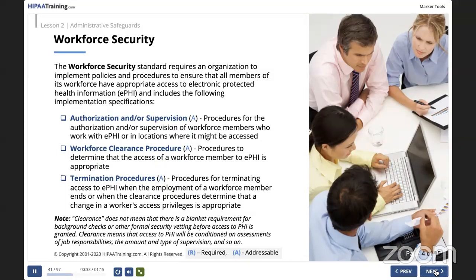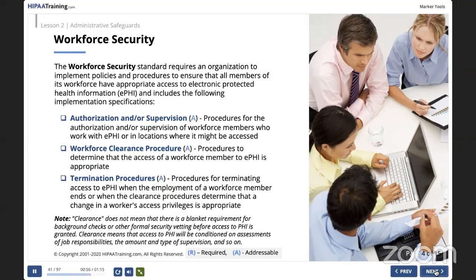Workforce clearance procedure. Procedures to determine that the access of a workforce member to EPHI is appropriate. Termination procedures. Procedures for terminating access to EPHI when the employment of a workforce member ends or when the clearance procedures determine that a change in a worker's access privileges is appropriate.